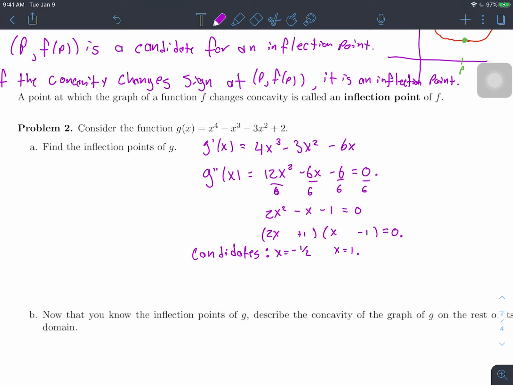I.e., we're going to use a number line again. So, here's negative 1/2. Here's 1.